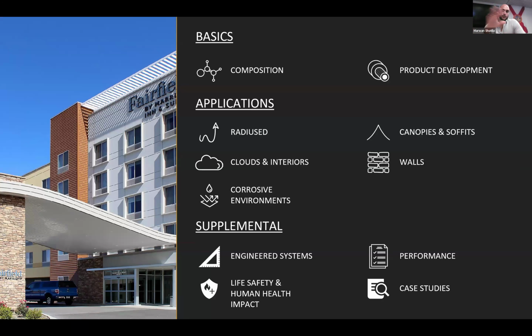This is just another visual demonstration of what we're going to be talking about. Like I mentioned, the composition, how these systems are developed, briefly, the applications that we have been able to service because of the composite material and how it's designed and how it performs, and then some supplemental information on how Rulon and other companies who design or manufacture with engineered polymer can support you all as architects and designers.